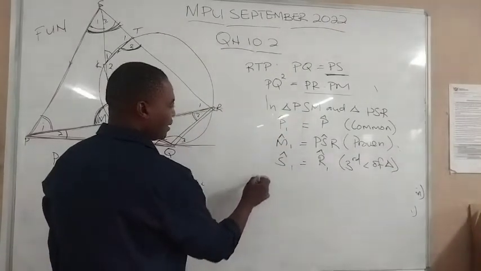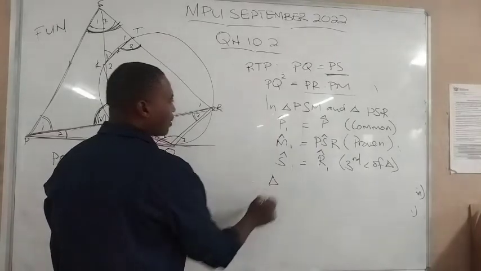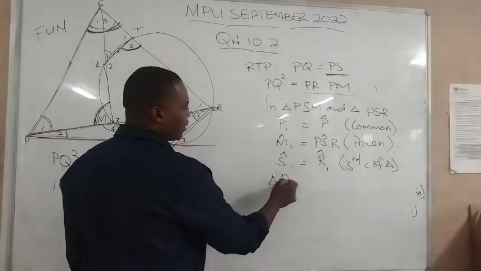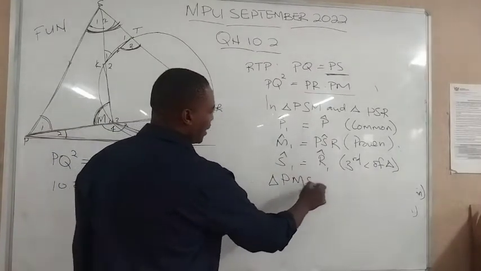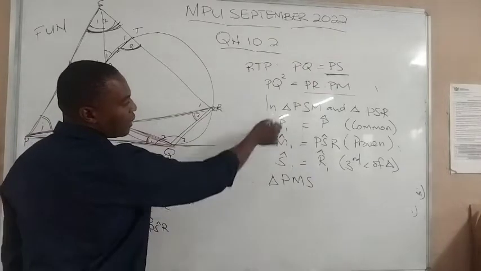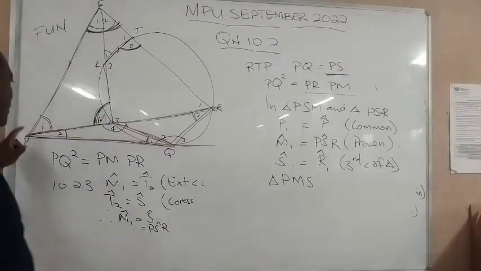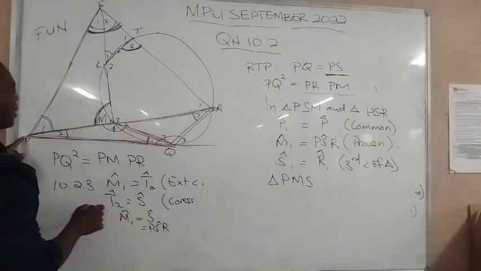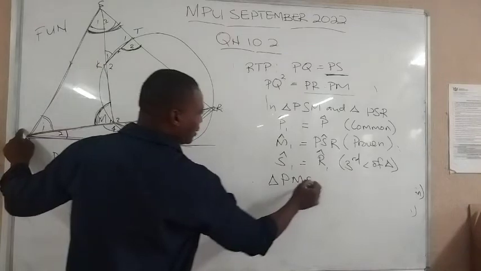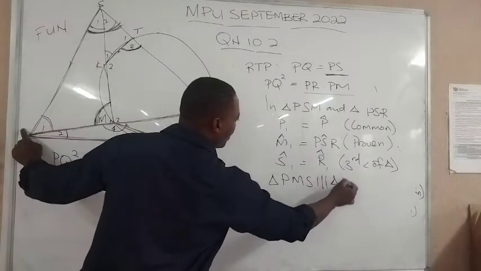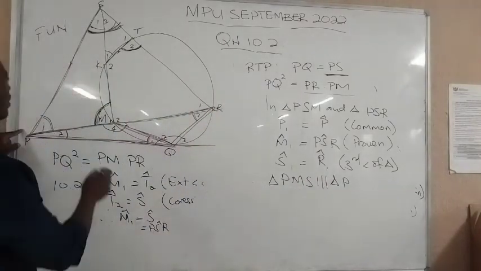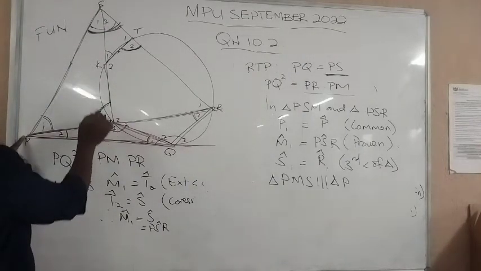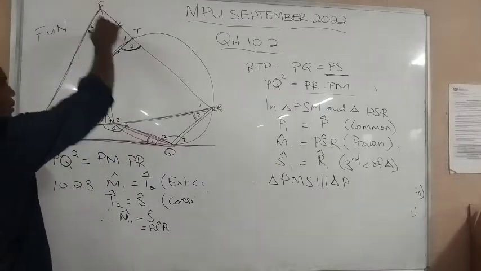Don't forget, therefore, triangle, now the order is very important. P, M, S. You can even follow the way you did the proof. P, M, S. In the other triangle, P was common, so that's triangle P, and then from P you now go to S, which is the same angle as M1, that is angle S there.